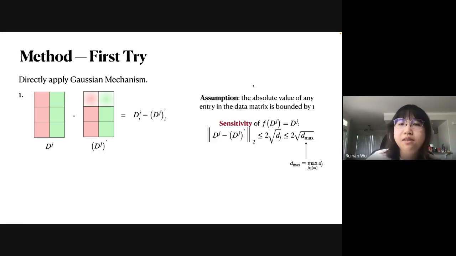If we assume each entry is bounded by 1 for all those data matrices, then the sensitivity of function f, where f here is the identity function, is smaller than 2 square root of d_j, which is further smaller than 2 times the square root of d max. The d max here is defined as the maximum dimensionality of attributes among all parties.